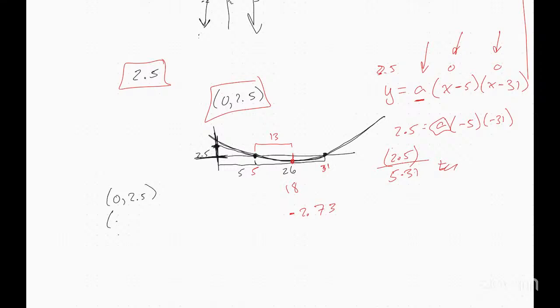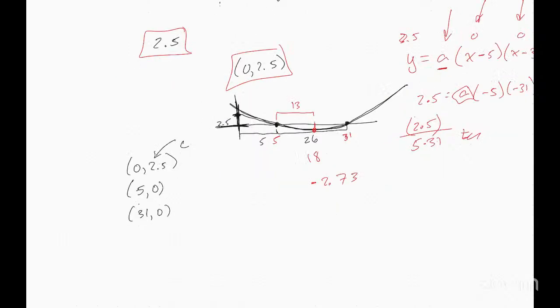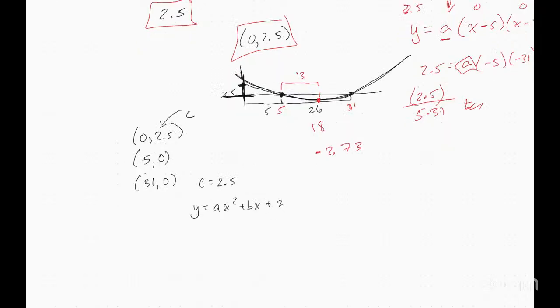Remember how we just found this gives us c? So c equals 2.5. Then y equals ax squared plus bx plus c. We're using that equation, plugging in 5, 0 and 31, 0.